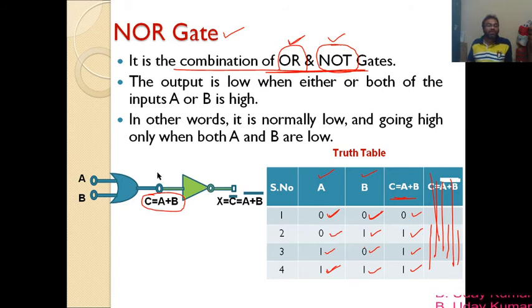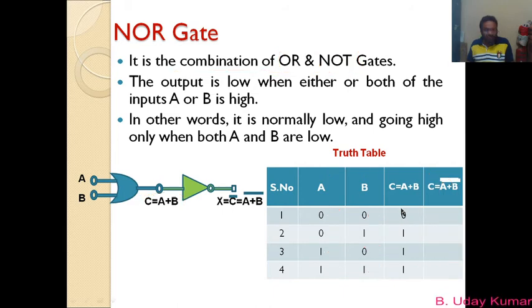So in other words, if I forget this C in between, A and B become the inputs of the NOR gate, and X becomes the output of the NOR gate. Anyway, the truth table of the OR gate is known to us now, so I am erasing everything. Now you know what C is here.